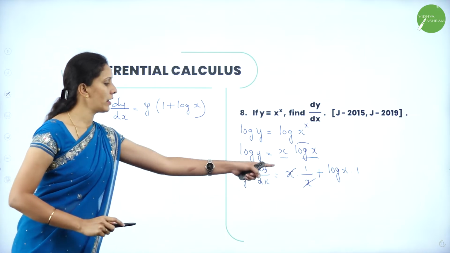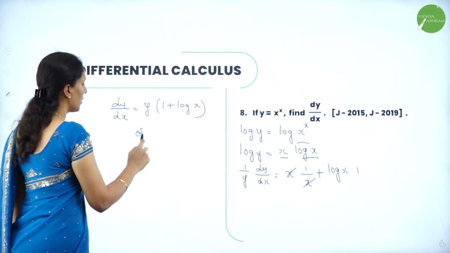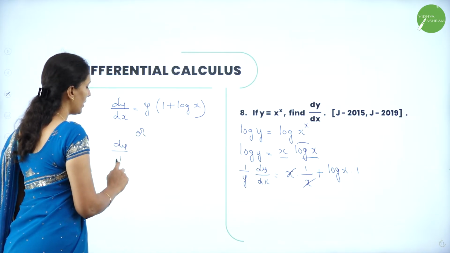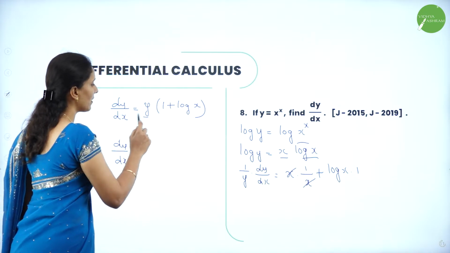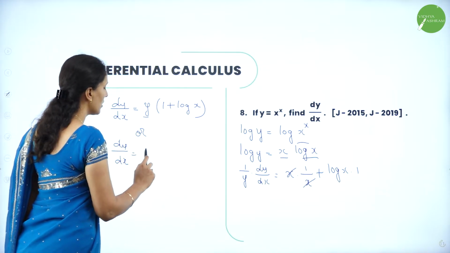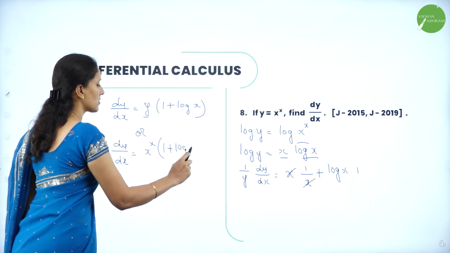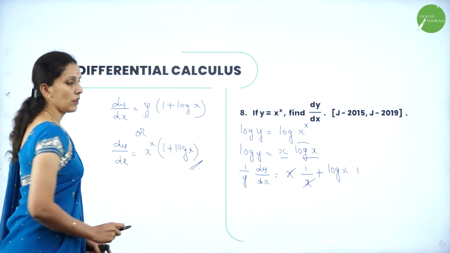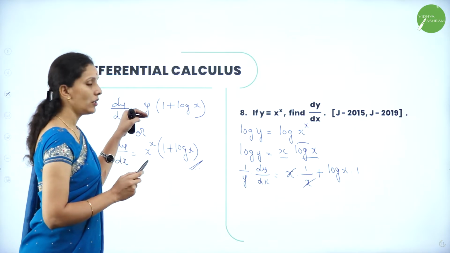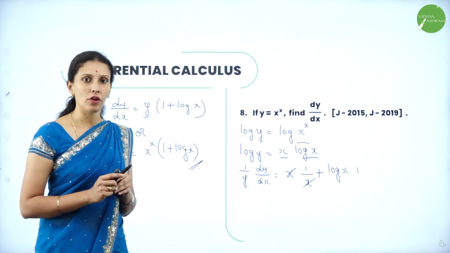If you shift y here, you can write dy by dx is equal to, you can replace the value of y as x power x. So, it becomes x power x into 1 plus log x. So, either you can stop here or you can replace the value for y.